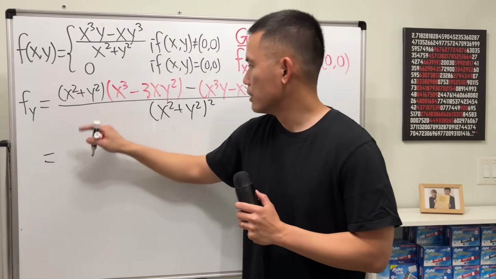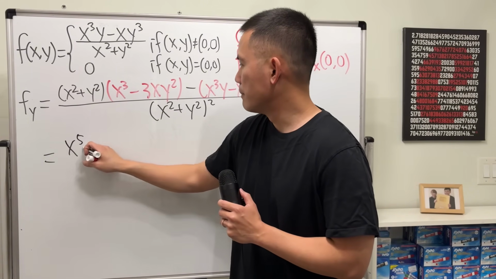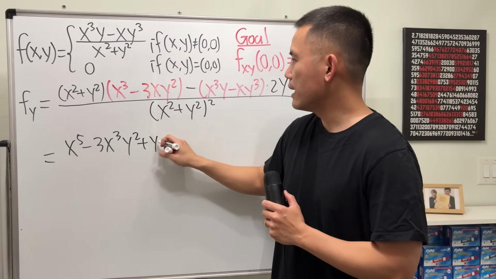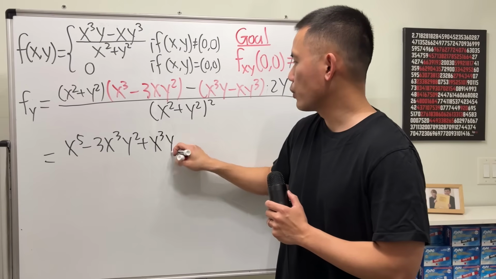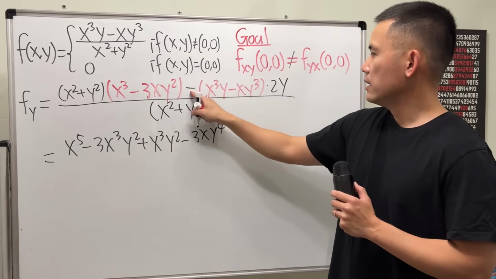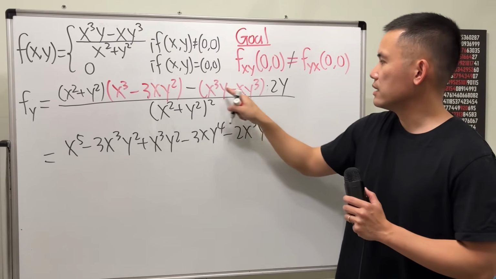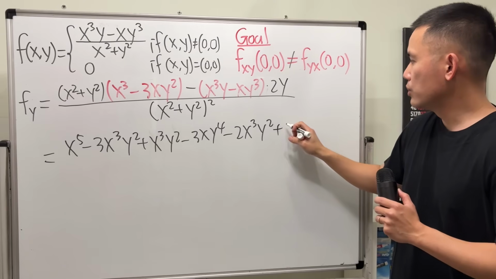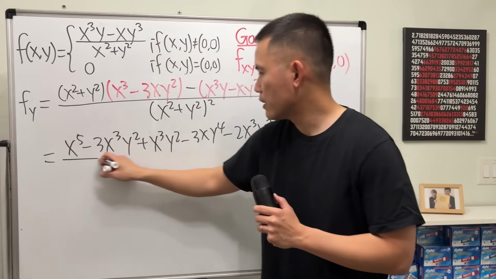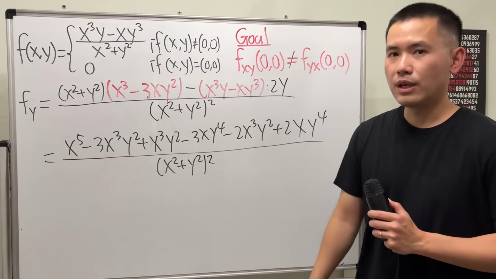And then just distribute and combine terms. So here we get x to the 5th, and then minus 3x cubed y squared plus y squared x cubed, so x cubed y squared, and then minus 3x y to the 4th, negative 2y times that, negative 2x cubed y squared, negative negative plus, and then 2x y to the 4th power over that. Whew, a lot of algebra, right?